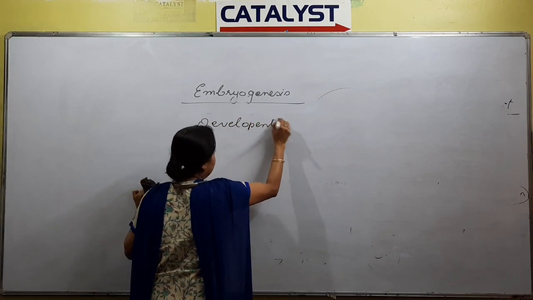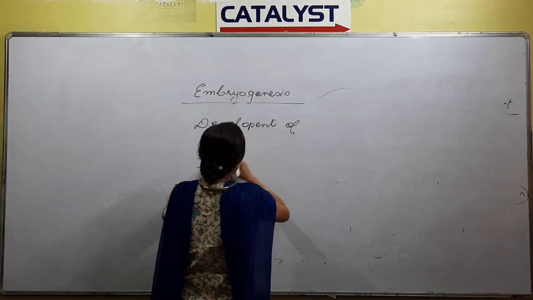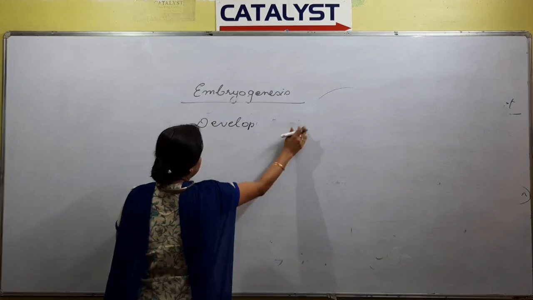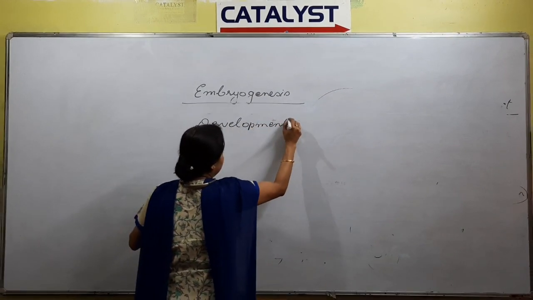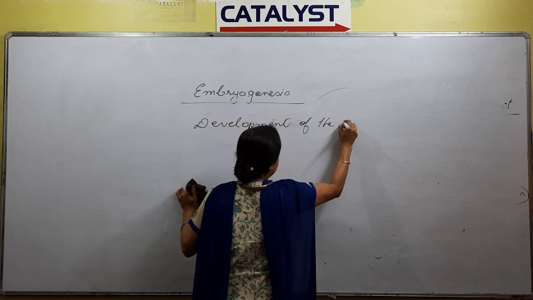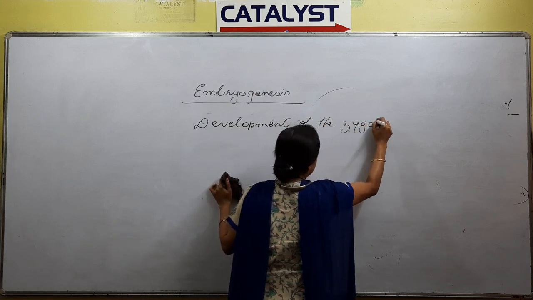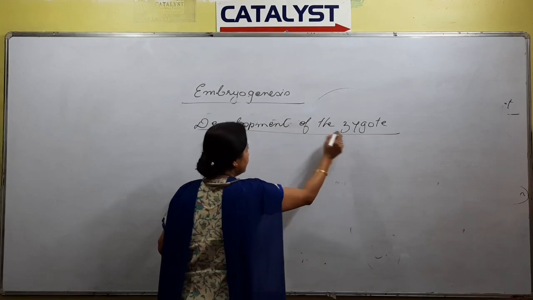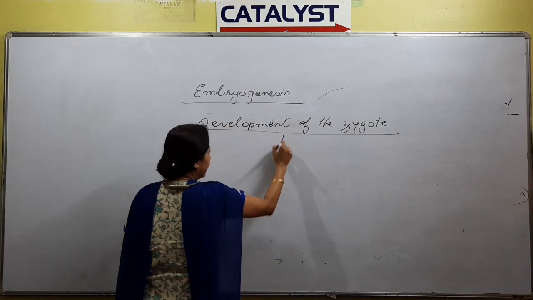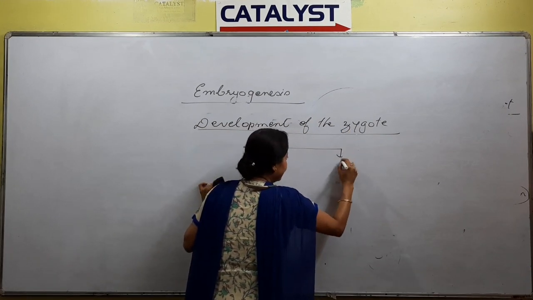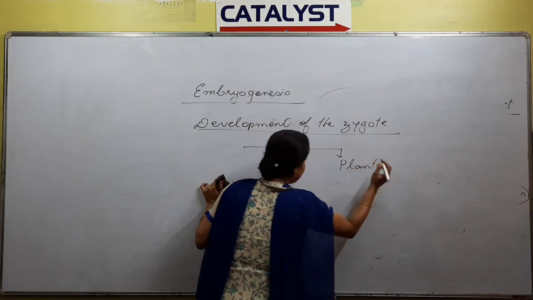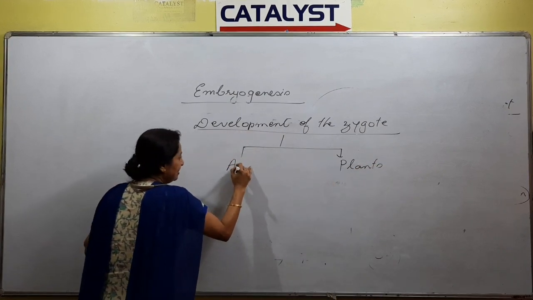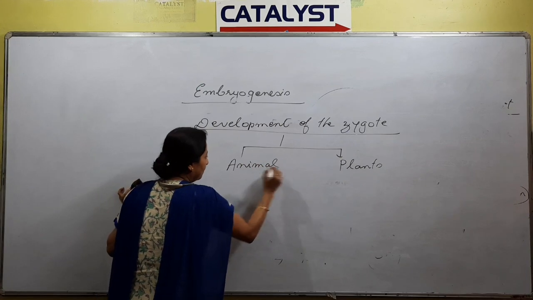development of the zygote, right? How does the zygote develop? Development of the zygote could be read in the plant group and it could be seen in the animal group also.